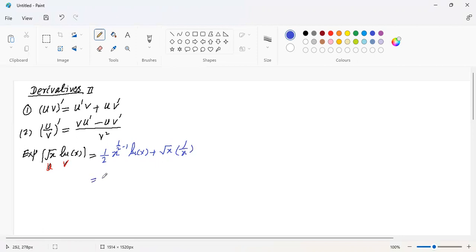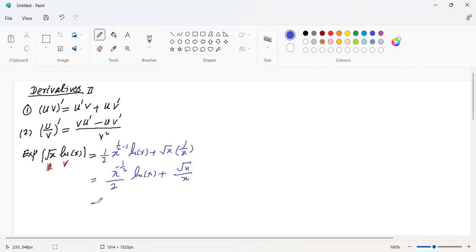Now you can simplify this and you can say it is x raised to the power negative 1 by 2. If you subtract 1 from 1 by 2, that's negative 1 by 2. And you can write this 2 as it is. So it is ln of x, and therefore we get square root of x divided by x.